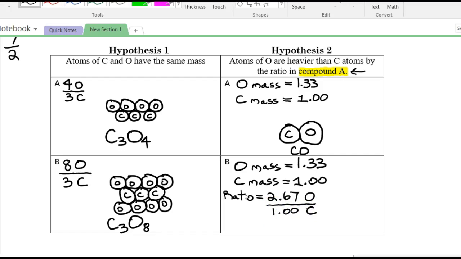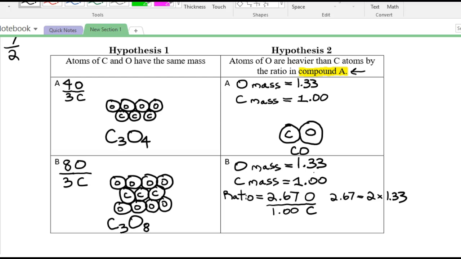And notice something. 2.67 is the same thing as 2 times 1.33. So this time, I need to draw a picture that has 1 carbon atom and 2 oxygens, because that's what my mass ratio shows. I still have a carbon at 1.00, but my oxygen is now 2.67. That's twice what it was in A, so I must have twice the number of oxygen atoms. So I had 1 before, now I'll have 2.